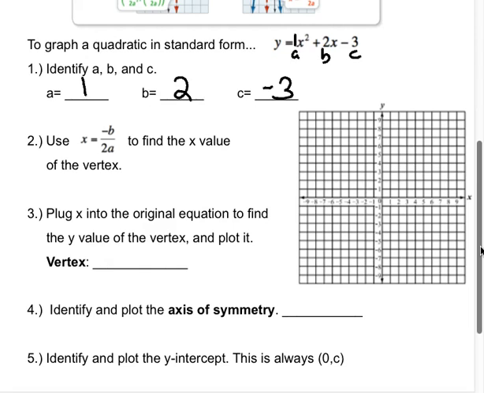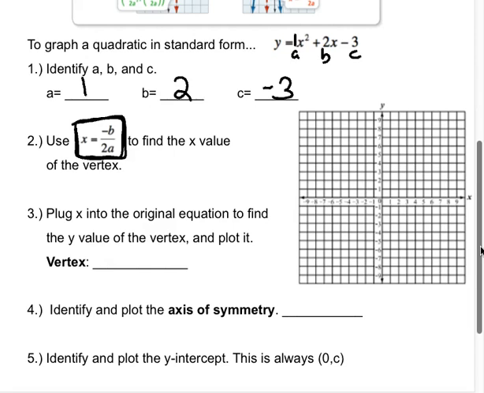Okay. And then remember, you have this formula. This is something you're going to have to memorize, so I definitely recommend highlighting it or putting a star by it, because you're going to need it in order to do any of the vertex calculations.